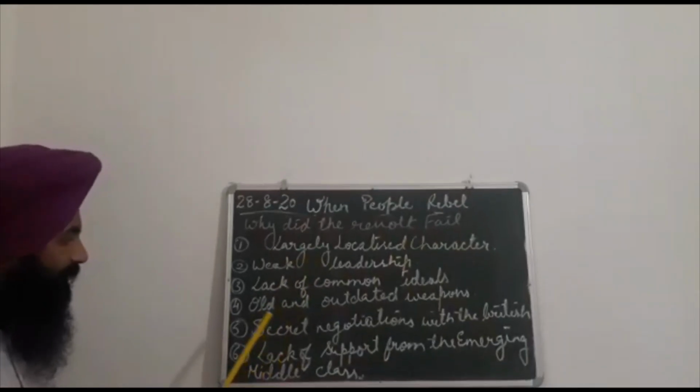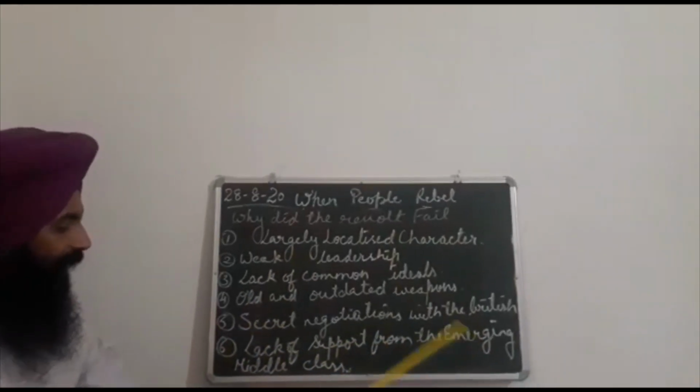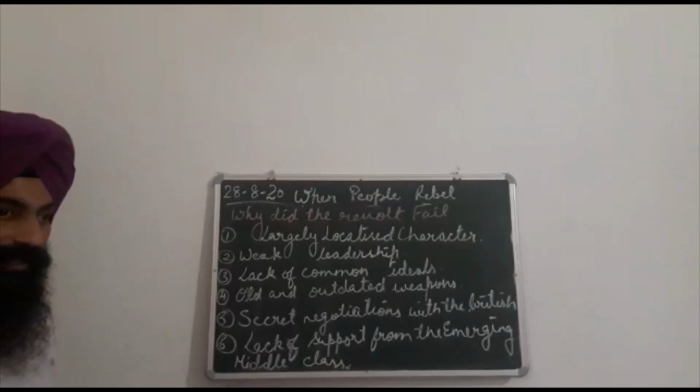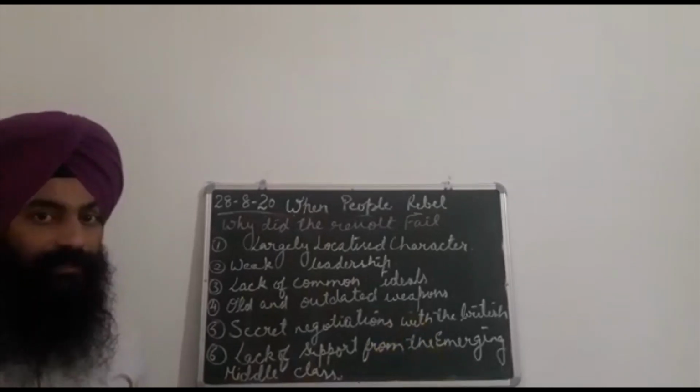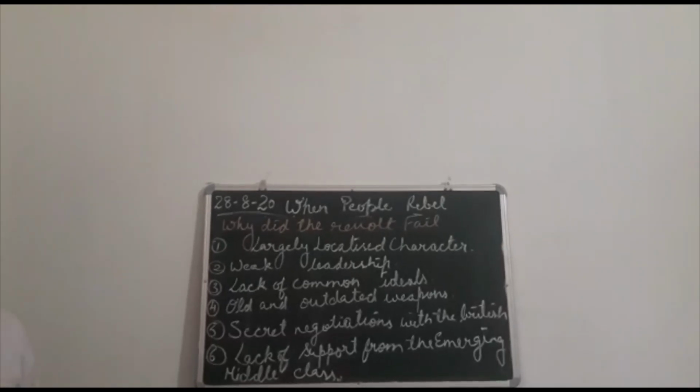Now the sixth one is lack of support from the emerging middle class. At that time the middle class was not satisfied with the Britishers, but they didn't take part in the revolt of 1857. The emerging middle class didn't support the rebels.